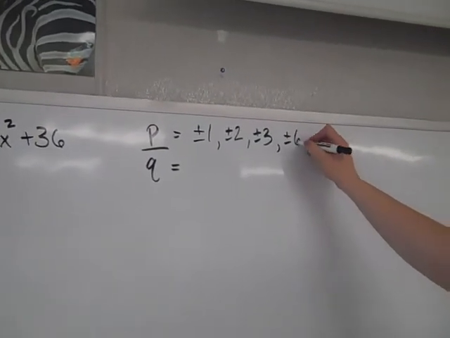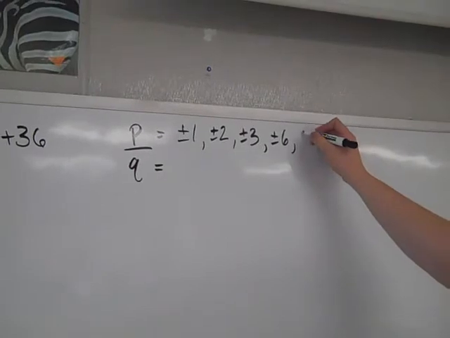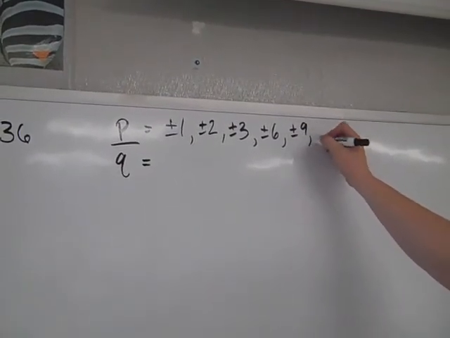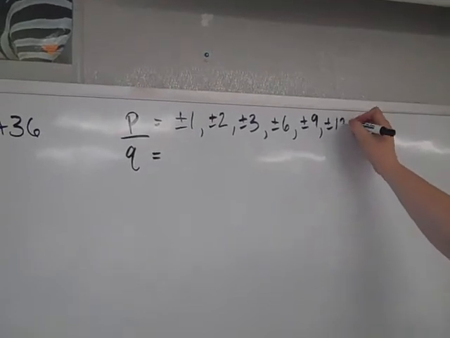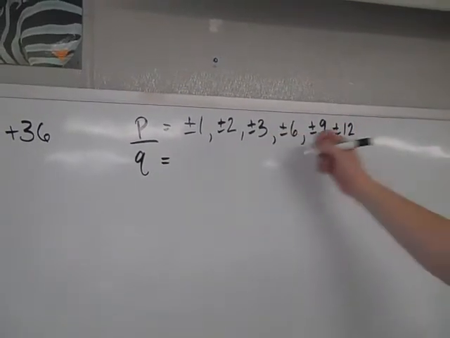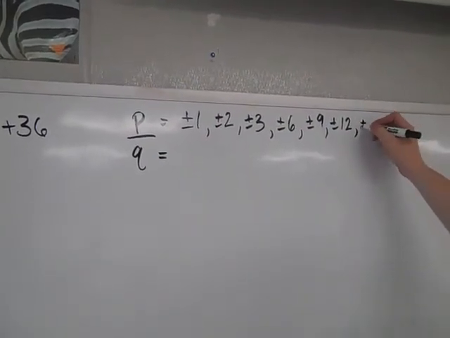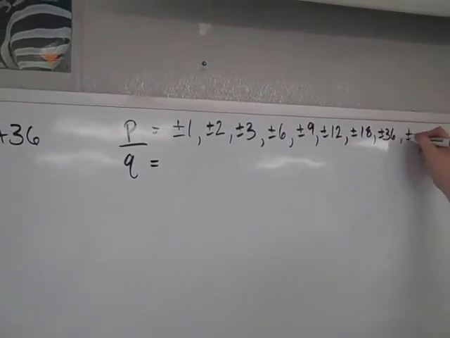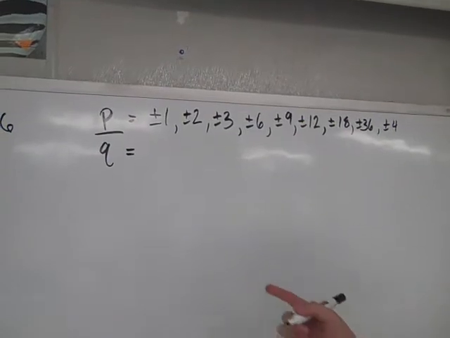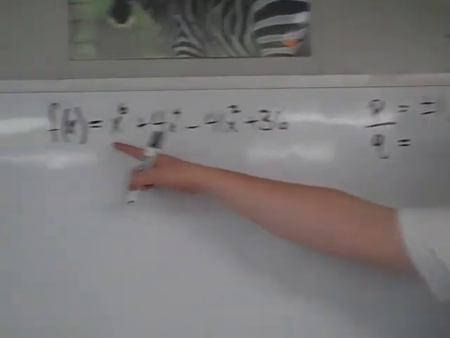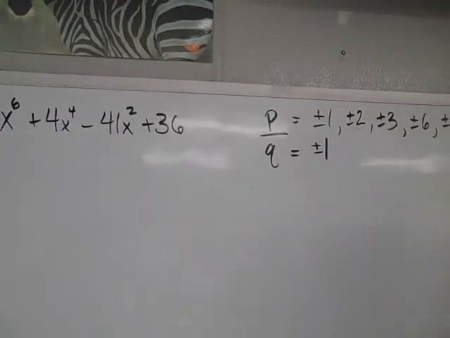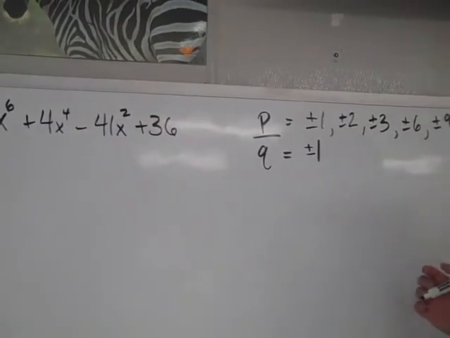Plus or minus 6, plus or minus 9, plus or minus 12, I forgot plus or minus 4, plus or minus 18, plus or minus 36. Good news is our leading coefficient here is going to be a 1, so we're not going to have to play with fractions on this one. We're going to stick to whole numbers.